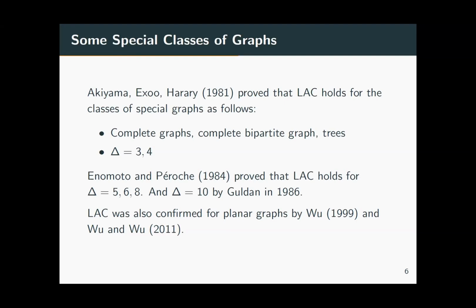Later, the LAC was also confirmed for planar graphs by Jianliang Wu in 1999 and Jianliang Wu and Yuwen Wu in 2011. Actually, they proved it for planar graphs with maximum degree 7 first, and then they proved the LAC for planar graphs with all other degrees. So they have two papers.